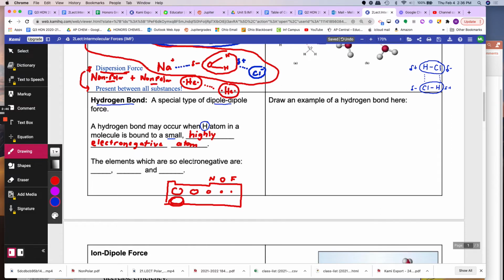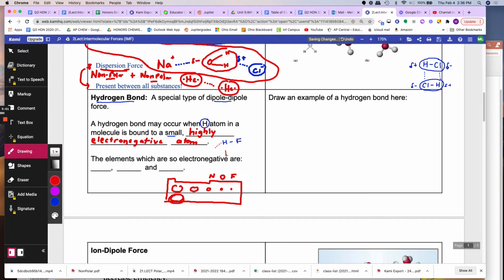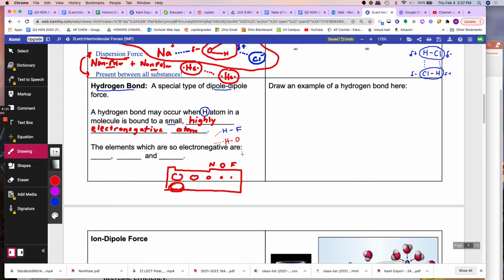So, for example, if H is bound to F, then this H can hydrogen bond with something else because F is very electronegative. If H is bonded to an O, then this H can hydrogen bond because O is very electronegative. And also with N. N attached to H, this H can hydrogen bond. So the elements which are so electronegative are F, O, or N.